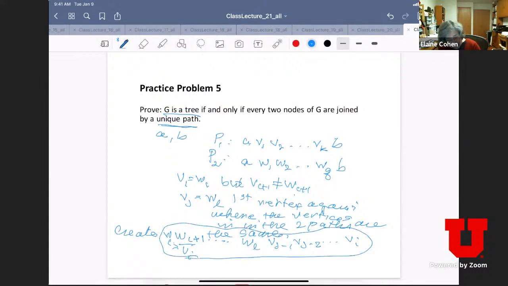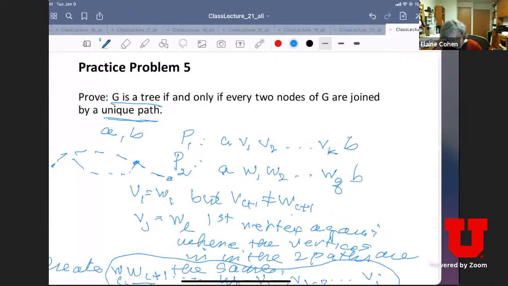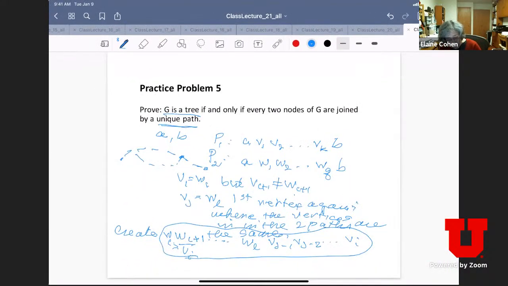Okay, so what we've said is if I can go to there, and if I have something here that's a second loop that goes like that, then it says I can form a loop out of those two paths. Some of the vertices are the same, but some are different. They have to be if they're different paths.